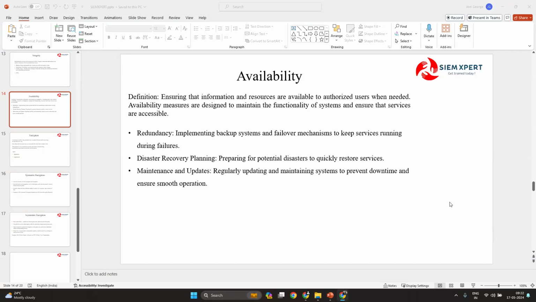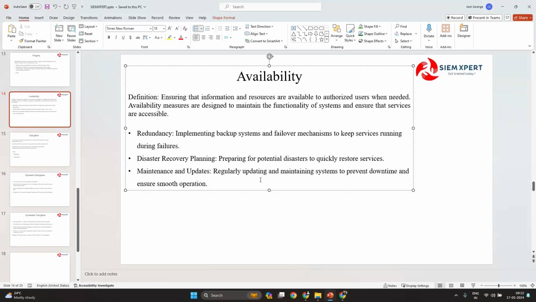It would have a downtime, based on how it is set up, compared to a hot site. And maintenance and updates should happen regularly, so that systems are up and running always.